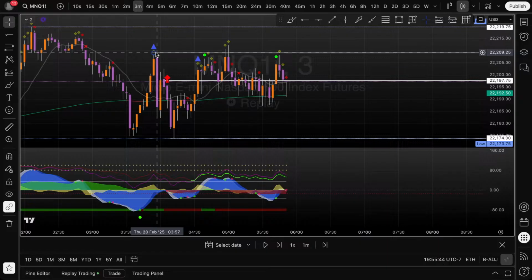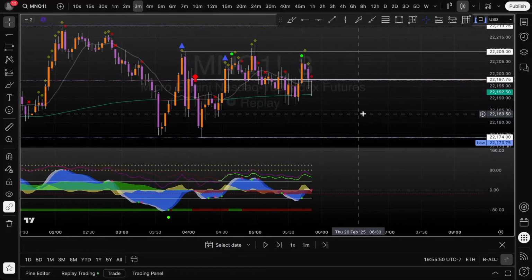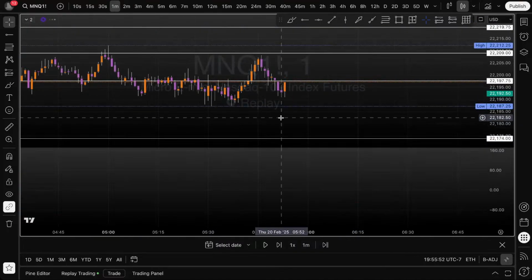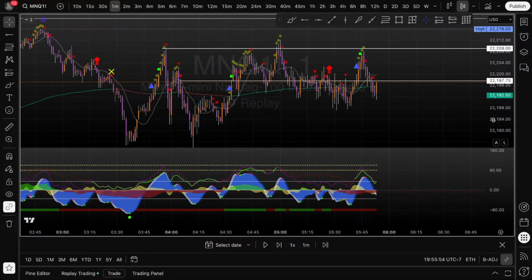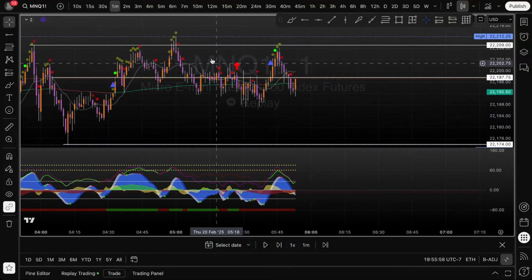It is sweep above. Pre-market. We're not at 6 a.m. yet. Like, New York's not officially open for real. It's just trying to bounce around a little bit.